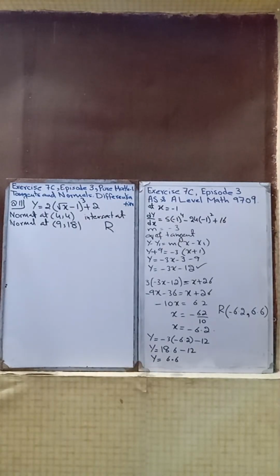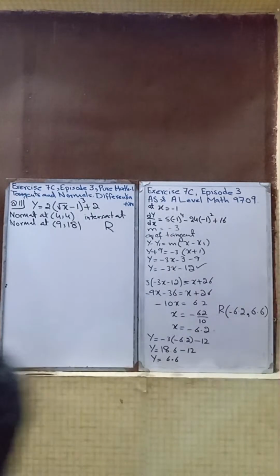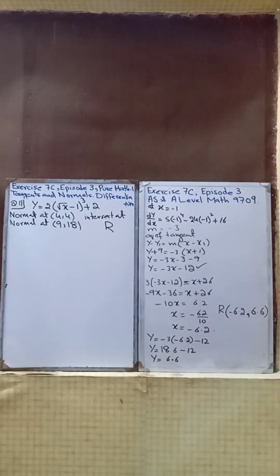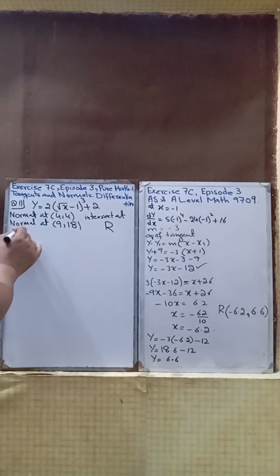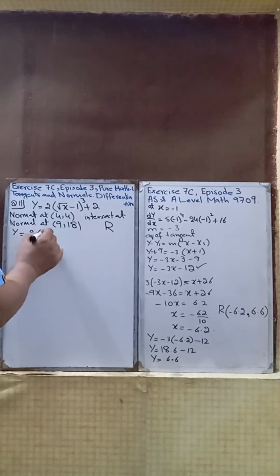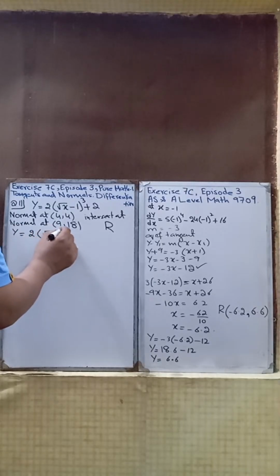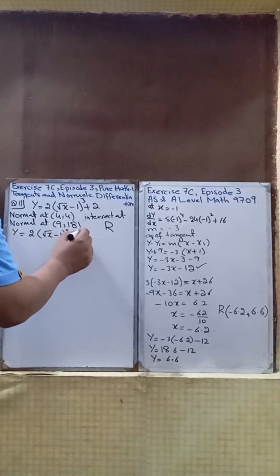First of all I'm going to differentiate, so I will take that equation and differentiate it. y equals 2 into under root x minus 1 whole cube plus 2.